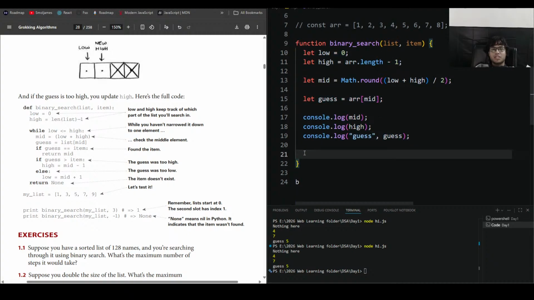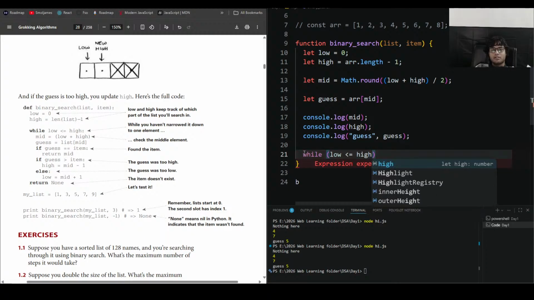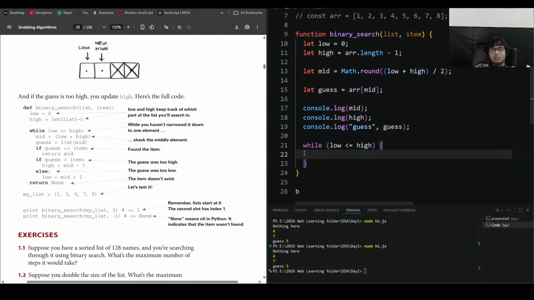We're going to have a while loop which is going to run until our low is smaller than or equal to high.